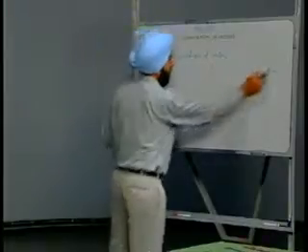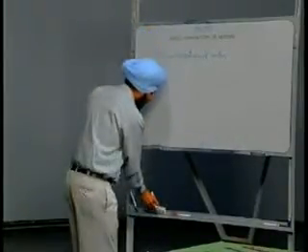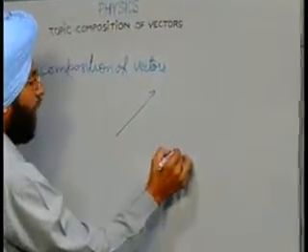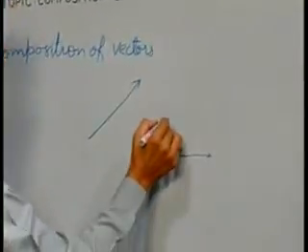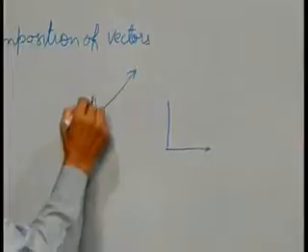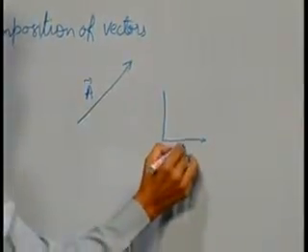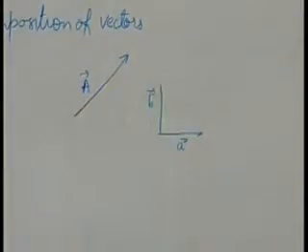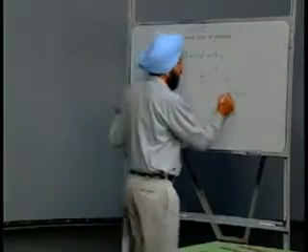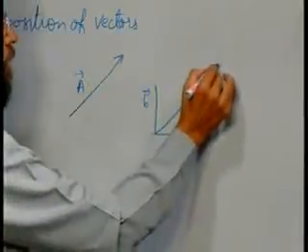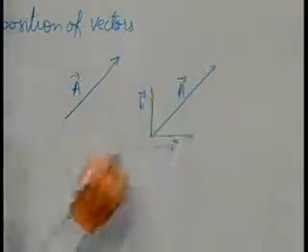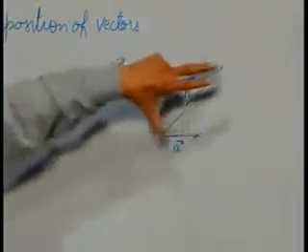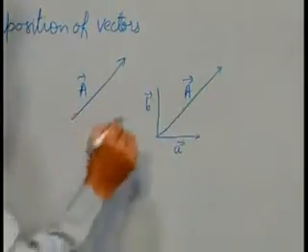Supposing we have a vector A, we want to find the components of A vector along A axis or along B axis. So, we take A vector, we take a line parallel to this line and equal in length with an arrowhead, that will give us A vector.